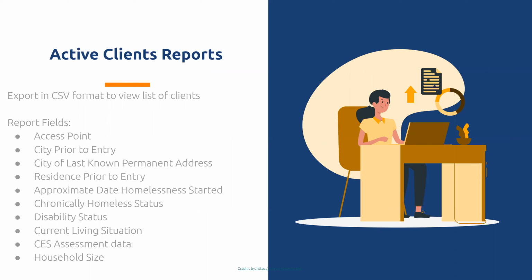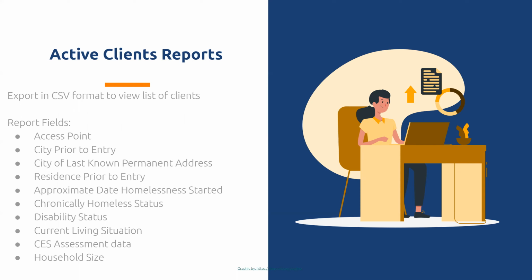When you export the active client reports, you'll get a list of all the active clients. And we ask that you pay attention to certain report fields because these report fields are very important in determining housing for the clients.